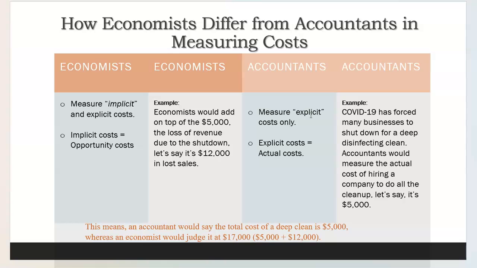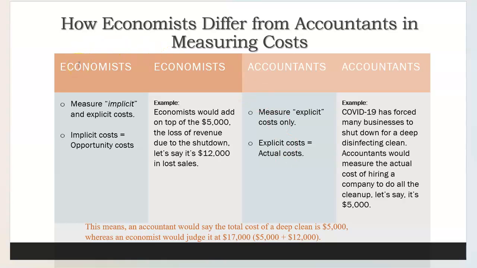Those are the costs that will find themselves into a spreadsheet: the rent, the utilities, the labor, the innovation, the design, the IT incorporation, the hardware that you have to buy. All of that is explicit and obvious costs. So explicit costs equal actual costs. This is what you will find if you're looking at an income statement or spreadsheet for a company.